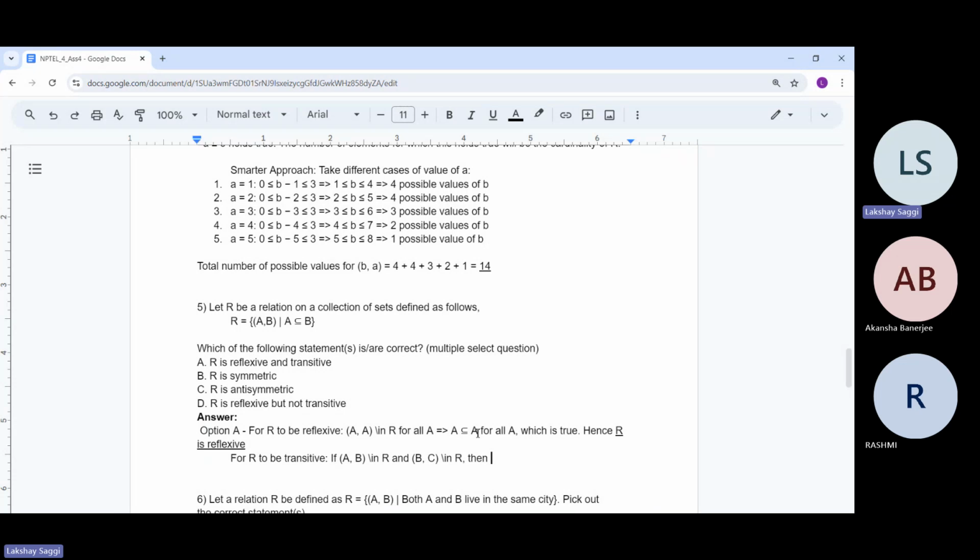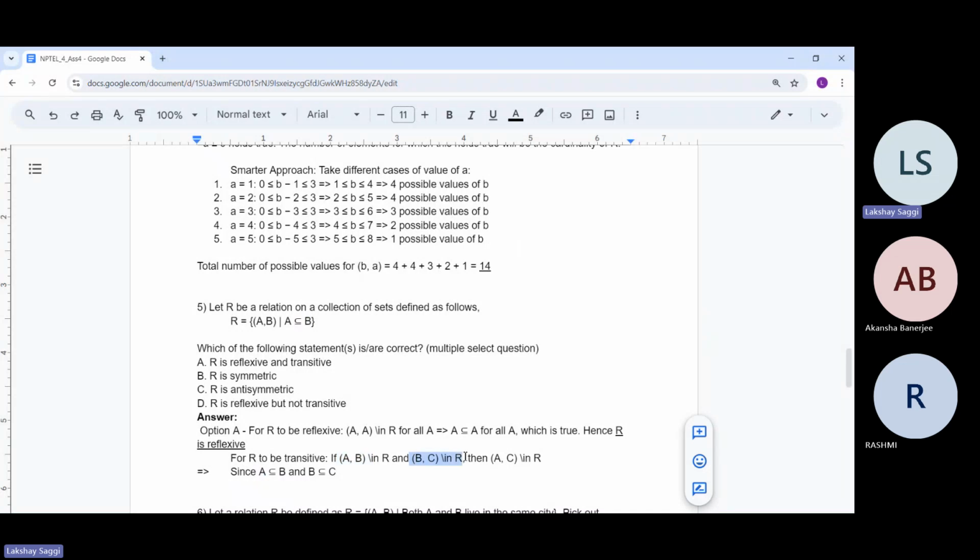For testing transitivity, if (A, B) is in R, this implies that A is a subset of B, right? So now suppose (A, B) is in R and (B, C) is in R. So we know that A is a subset of B and B is a subset of C.